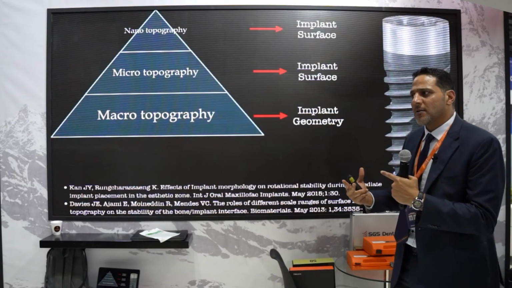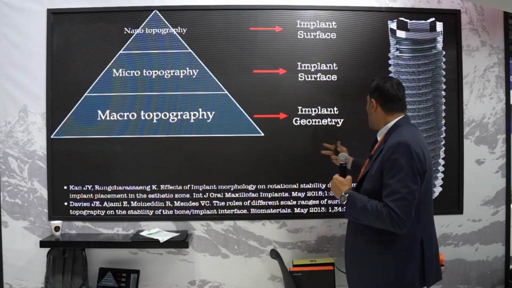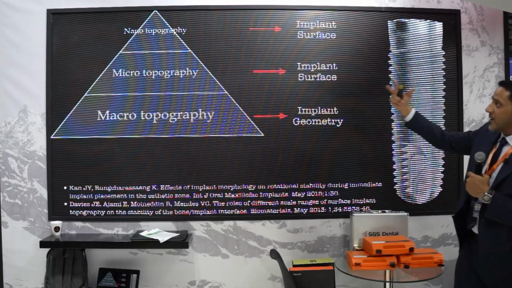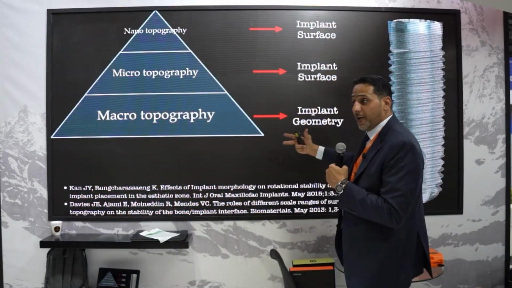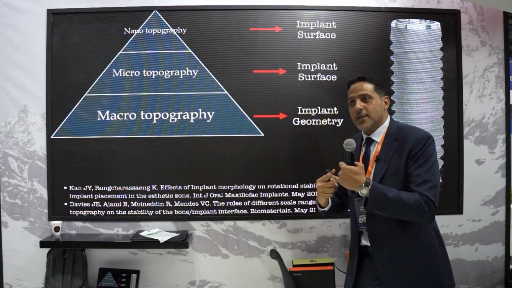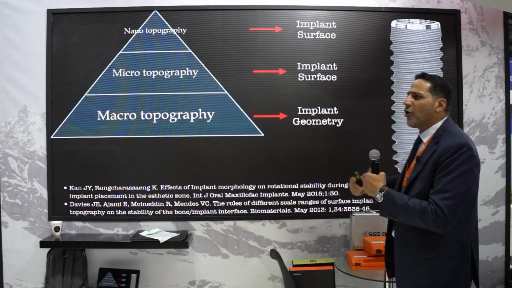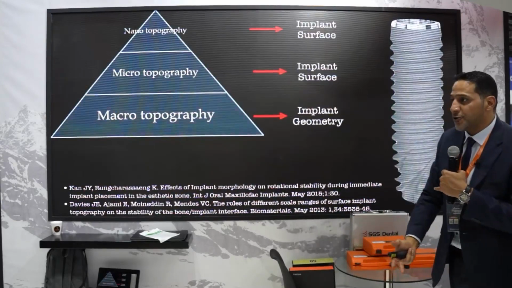Why this change from 1 day to a week to load the implant? Because the surface of the implant changed, the macro and micro design, the implant surface, the geography, the threads, the surface treatment. It has changed in the implant. Before, we used a machined surface, not sandblasted, not laser treated.